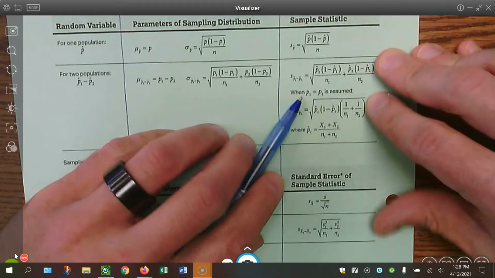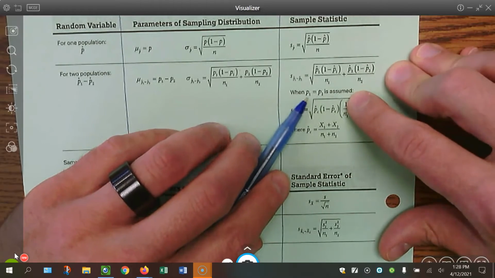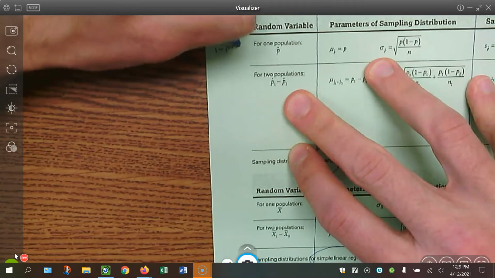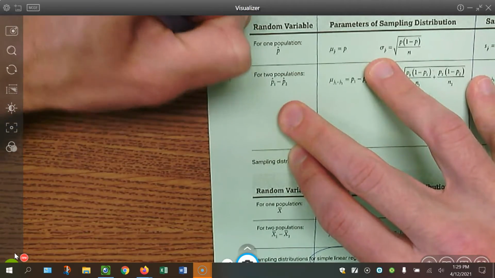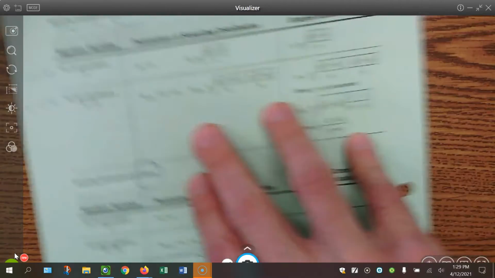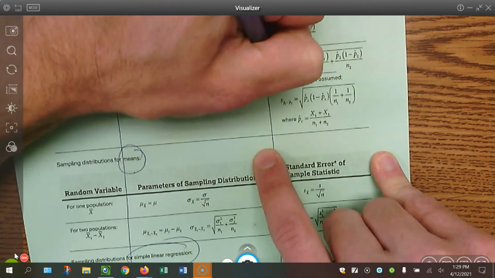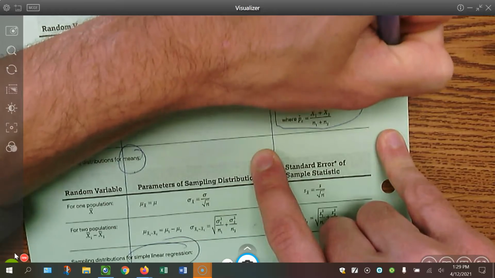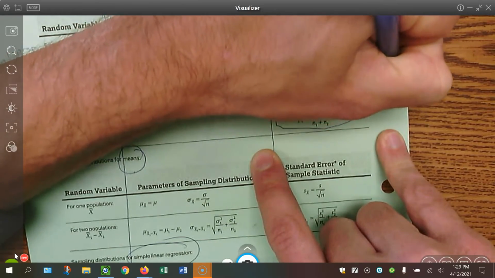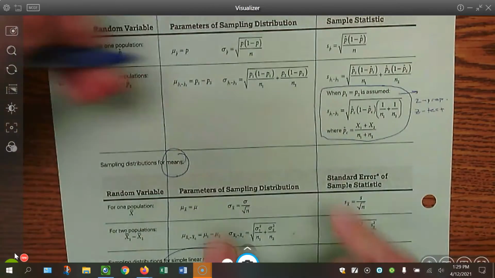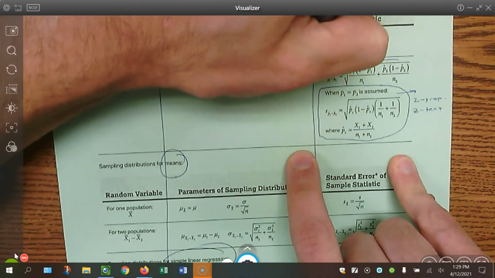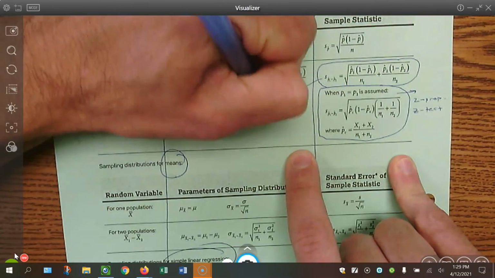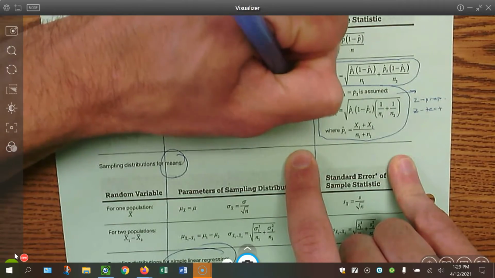Now, what I want to point out here is when p1 equals p2. This is going to be for one proportion z-interval, z-test. This is two proportion. The only time you're ever using this is for a two proportion z-test. That's it. For two proportion z-interval, you're using this.